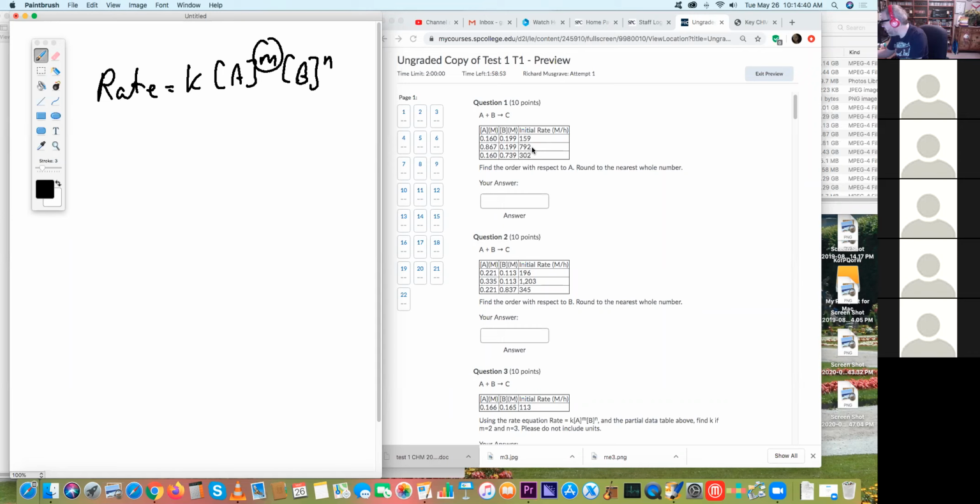My thought would be to use experiment 2 over experiment 1. So it would look like this. You do 792 divided by 302. You know that the K's are going to cancel. We'll have the A here, which is going to be 0.160 to the M.